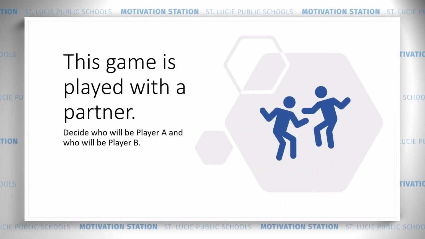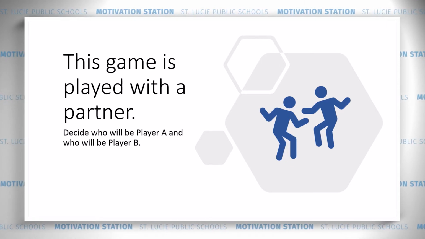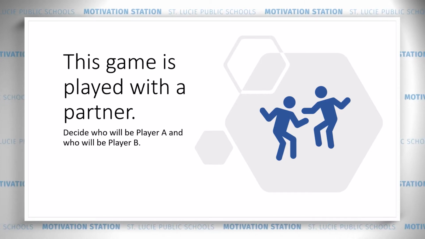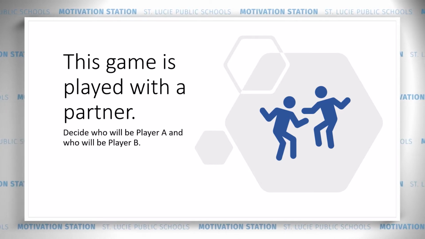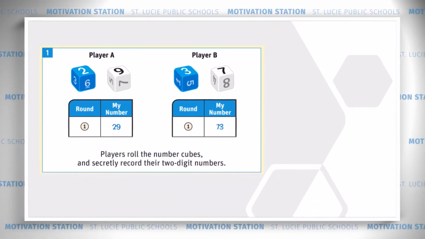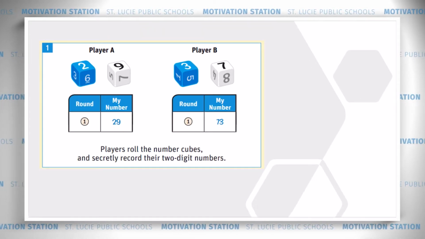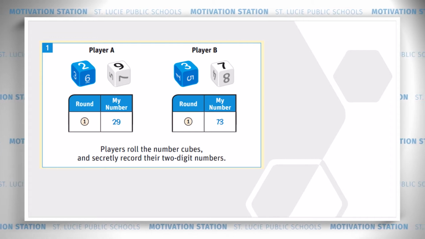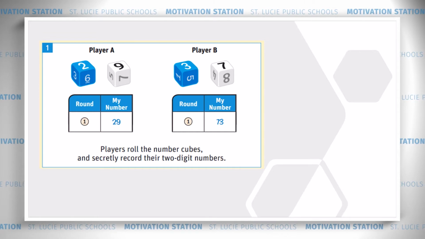This game is played with a partner. You will need to decide who will be player A and who will be player B. If you don't have a partner, we will talk about that in a minute. Player A and player B each get their own pair of dice, 1 blue and 1 white each.